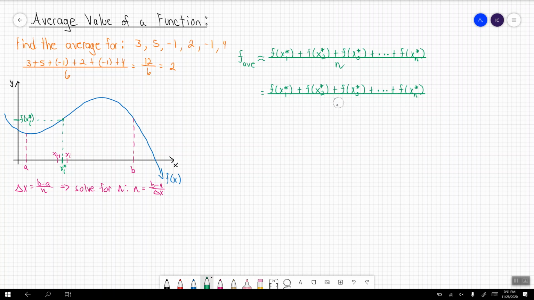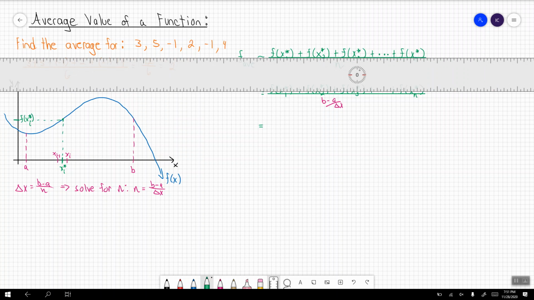Instead of n in my denominator, I'm going to substitute what we just found, which is that n is equal to b minus a over delta x. Now, b minus a over delta x in the denominator will make this a complex fraction. And if it's a complex fraction, we can alleviate that by multiplying both numerator and denominator by delta x.